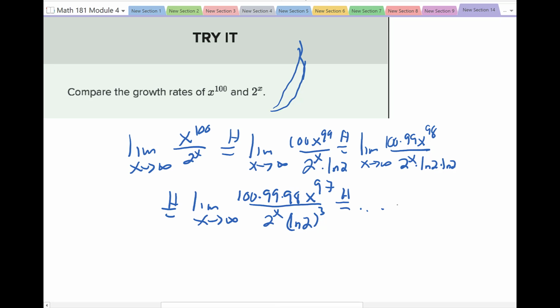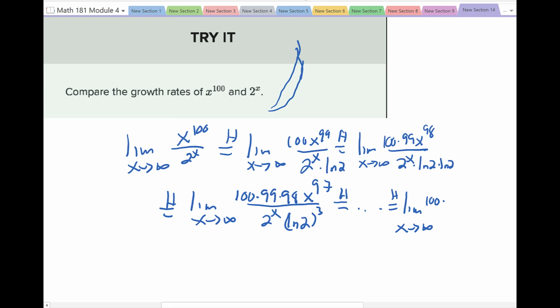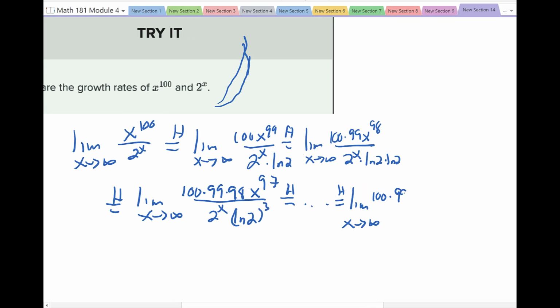We can apply L'Hopital's rule again and again until what we have is the limit as x goes to infinity of 100 times 99 times 98 times dot dot dot times 2 times 1. At that point x is just the 1.